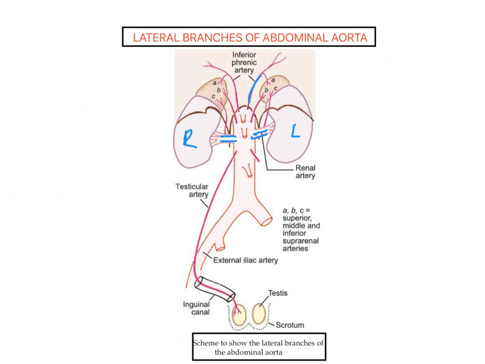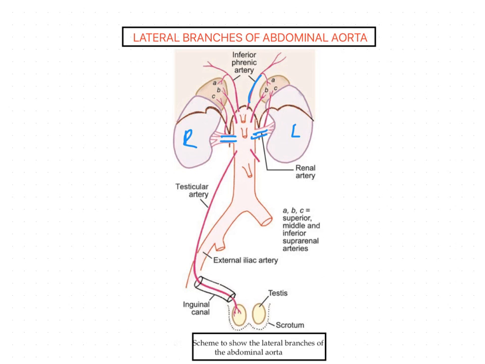The right renal artery passes laterally behind the inferior vena cava. As we know, on the right side of the abdominal aorta, the inferior vena cava is present.